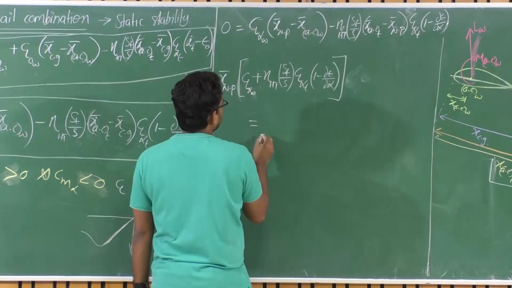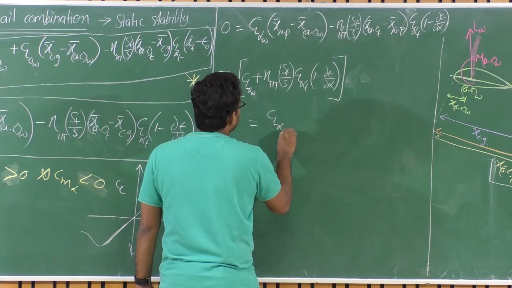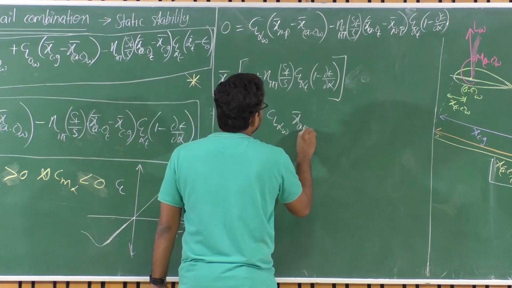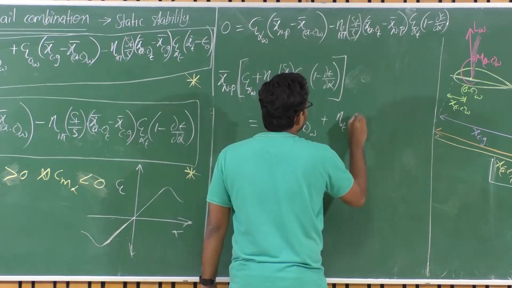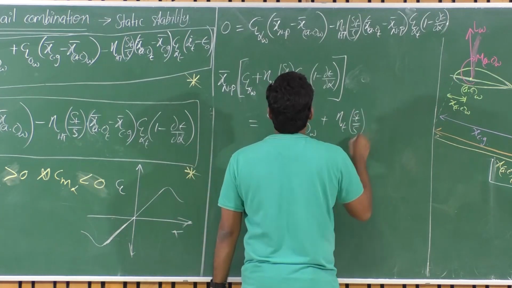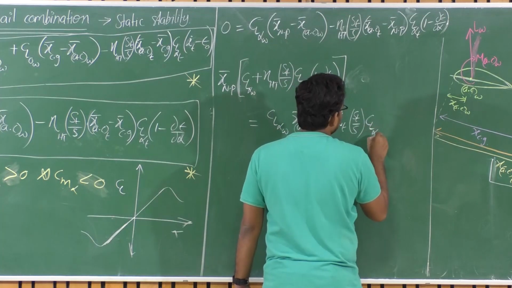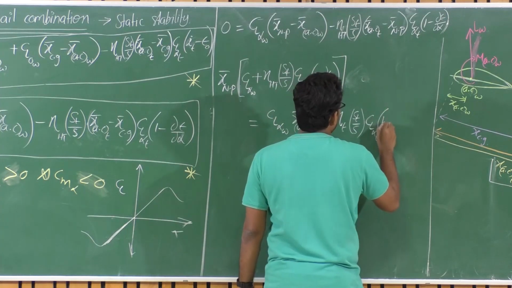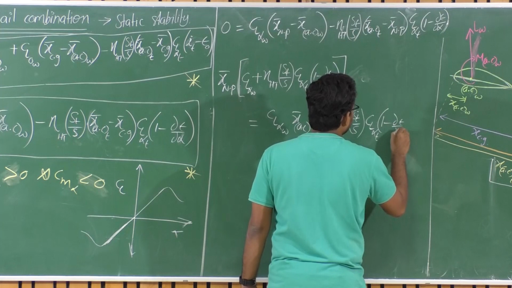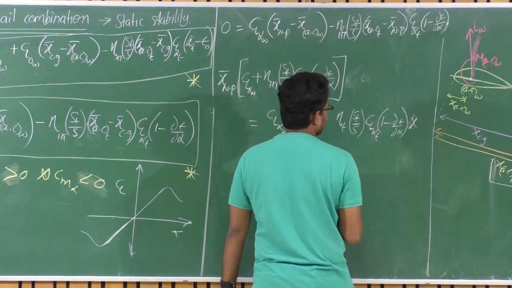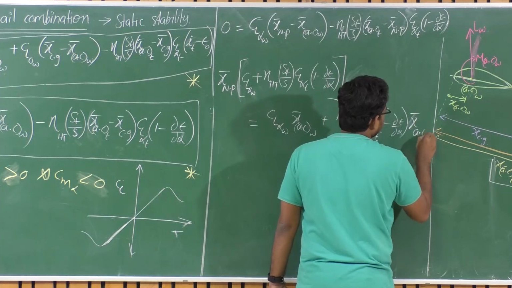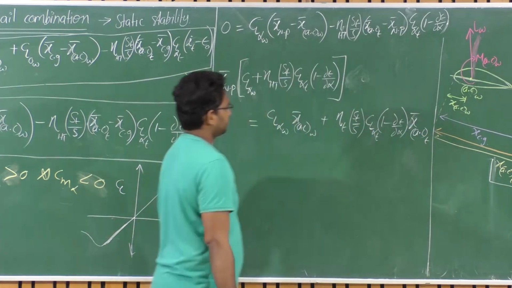This is equal to CL alpha of wing times x bar AC of wing, plus eta S_T upon S times CL alpha of tail multiplied by (1 minus dou epsilon by dou alpha) times x bar AC of tail, right?